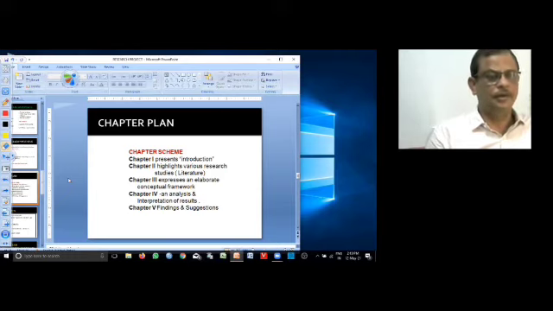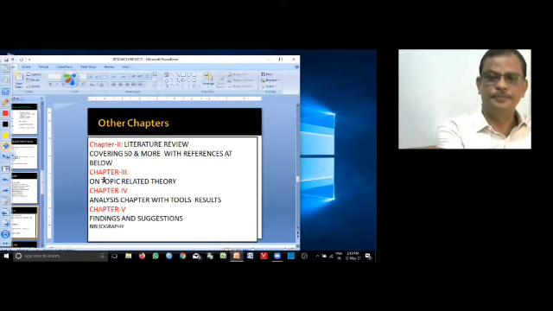Before using them, one thing is important: why use this tool and what is the importance of that tool in your research. After that you have to go ahead. Then chapter 5 is the last chapter, which contains your findings and suggestions. And you see, these are the various things you have to mention there.